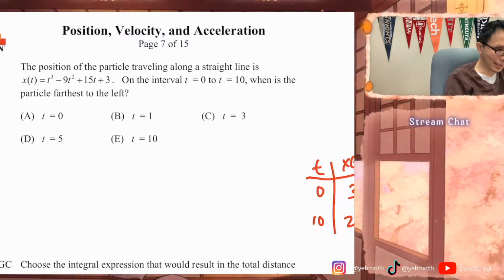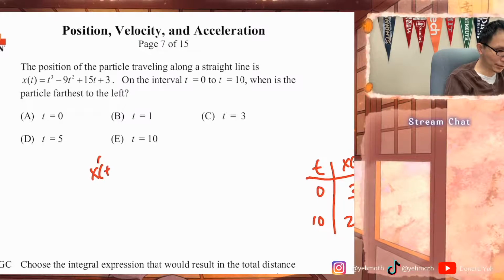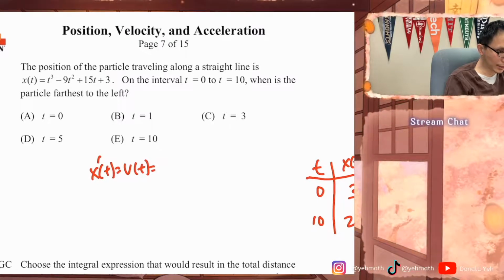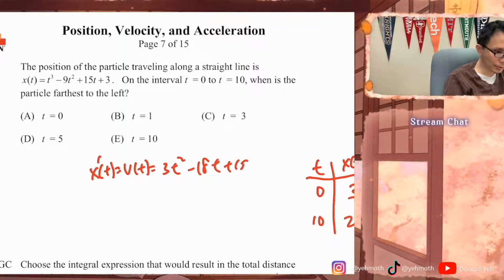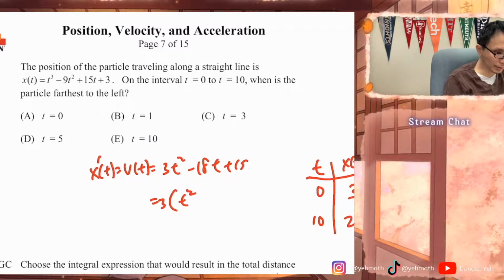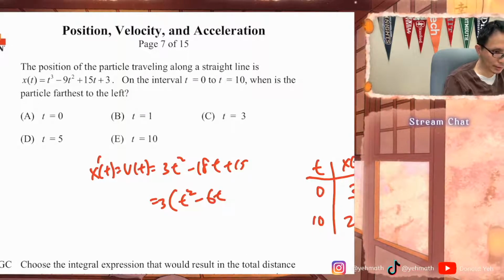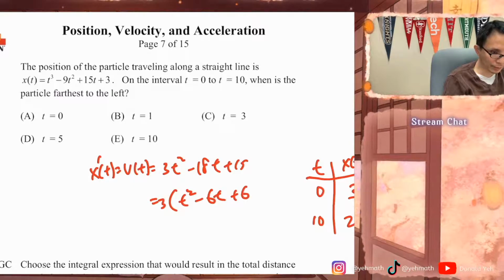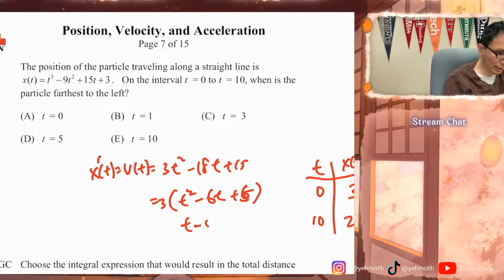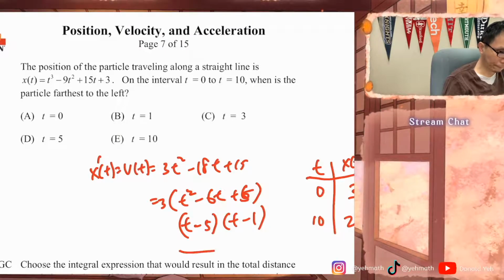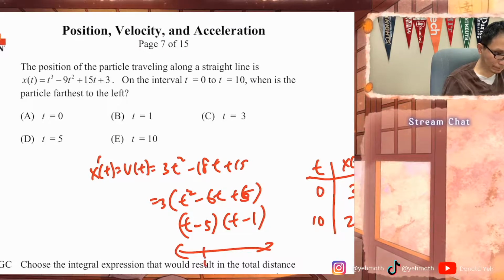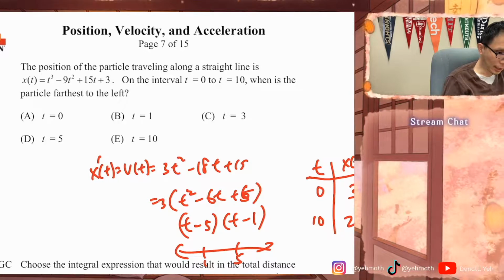So x prime of t, which is v of t, is equal to 3t squared minus 18t plus 15. Take out 3, so it'd be 3 times t squared minus 6t plus 5. So (t minus 5)(t minus 1). So 1 and 5.